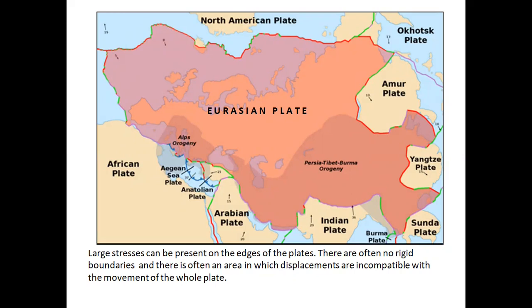So the southern section is largely compressional as a result of the African, Arabian, Indian, Australian plates pushing northward, whereas surprisingly, where the subduction zones of the Pacific are most notable in the region of Japan, the Eurasian plate is actually breaking off the Amur and Yangtze plates, and finally we get to the Okhotsk plate, which likewise is part of this separation phenomenon that goes all the way across the northern section of the Eurasian plate.